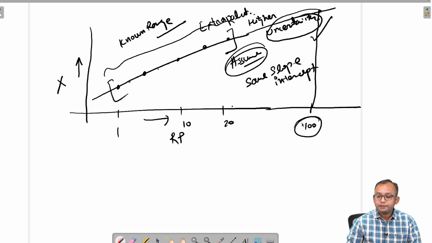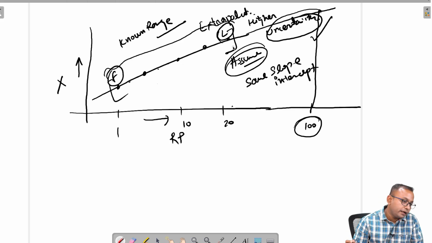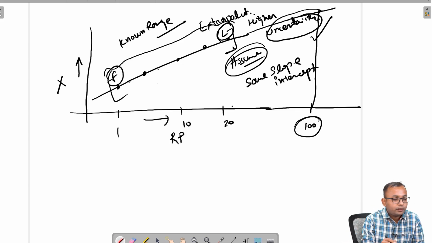So, the same procedure. Let us say this is your first point and this is your last point of the data. Now you can calculate the slope of the line.